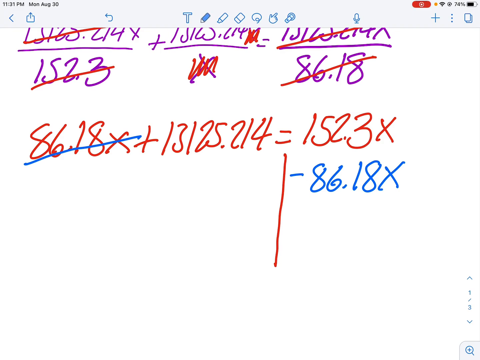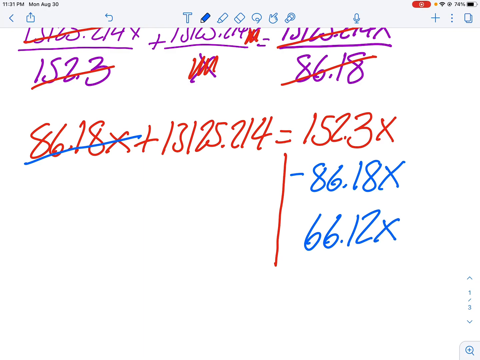So we get 66.12x. Don't forget we still have that x. And here we have 13,125.214.